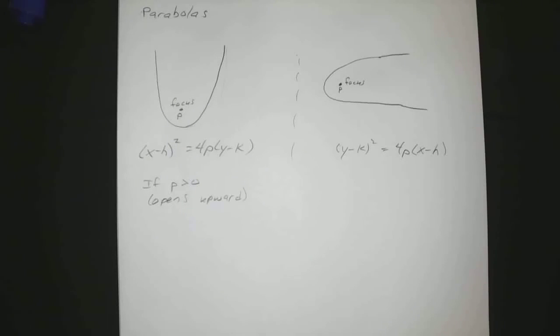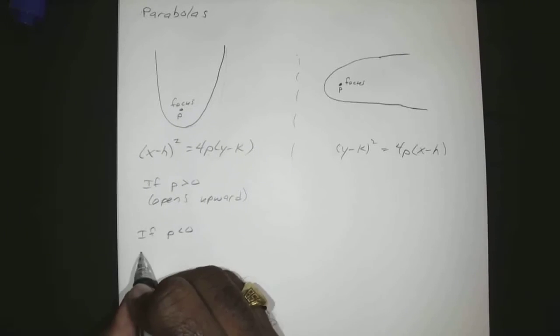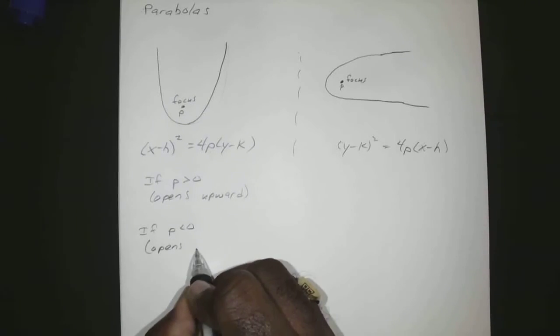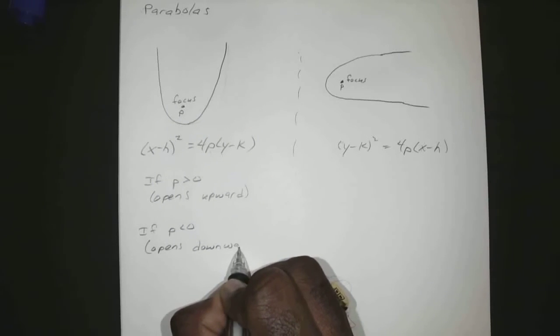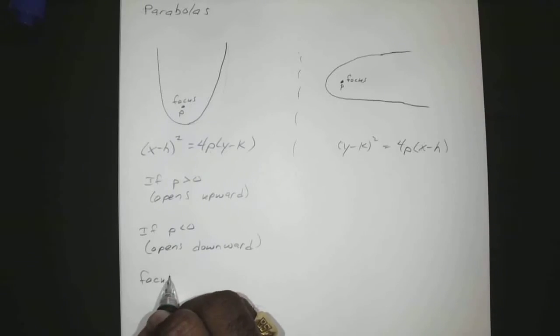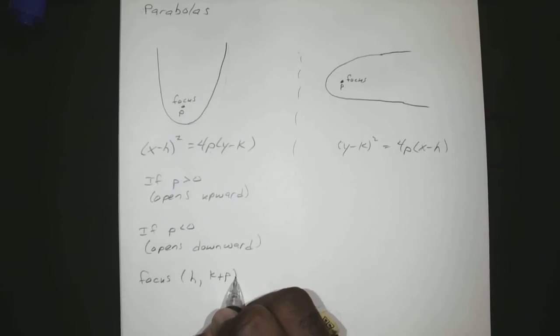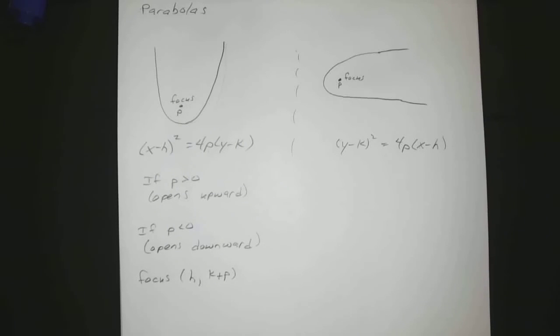And we know if your P is less than 0, it opens downward. Okay. Now your focus can actually be found using the formula h, k plus p. And the directrix is actually the formula y equals k minus p.